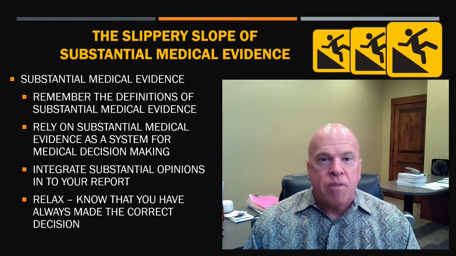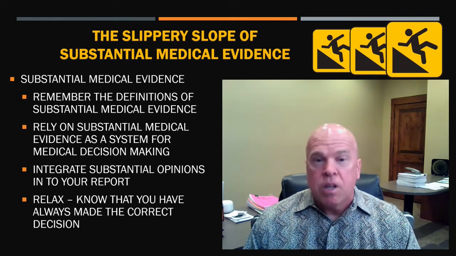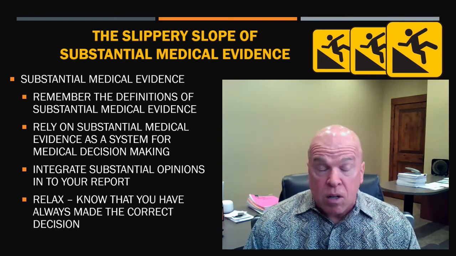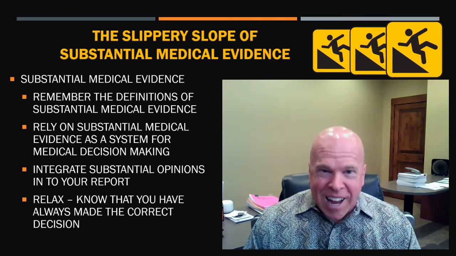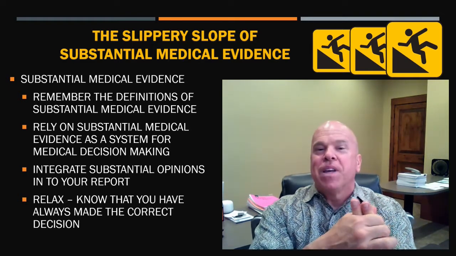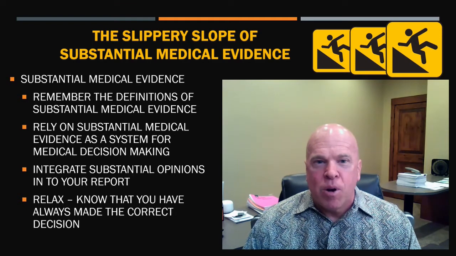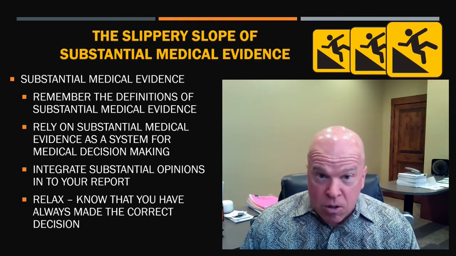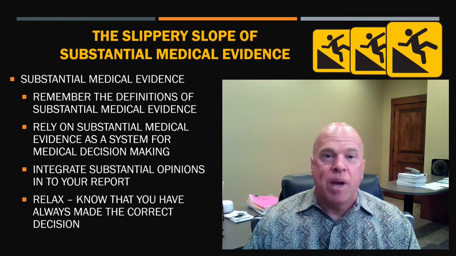They want to have those opinions and conclusions upheld, so they work on qualifying those opinions and conclusions as substantial medical evidence. On the other hand, when she got to the other two opinions and conclusions in my report that did not favor her, she went to work to disqualify those opinions as substantial medical evidence.